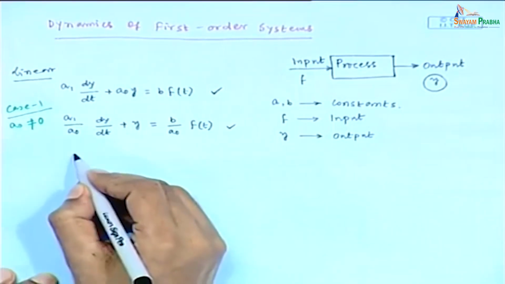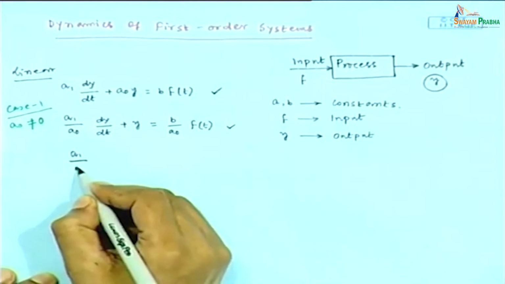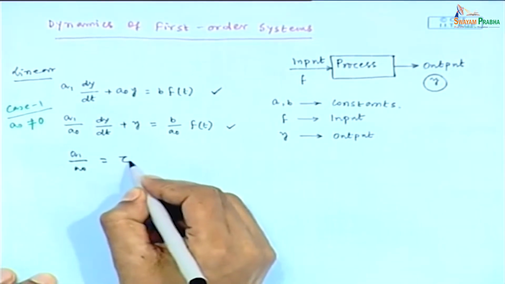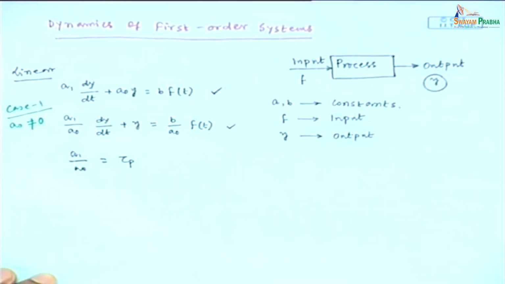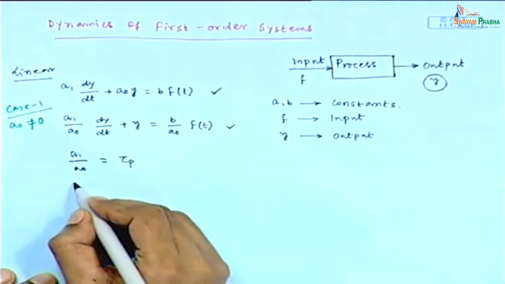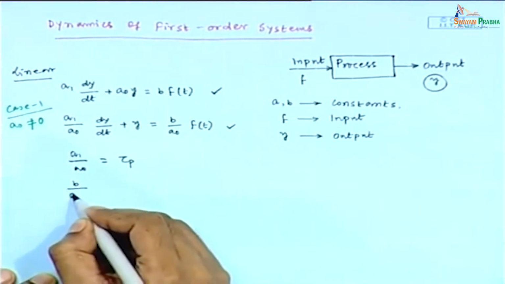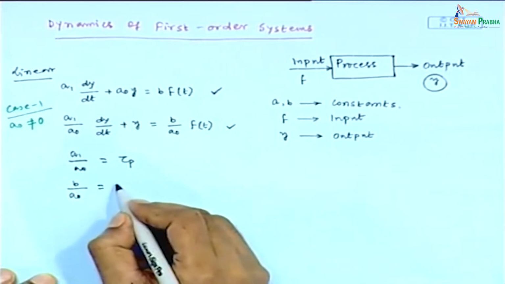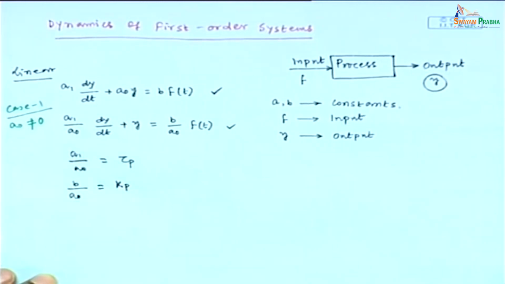Now, after rearranging this first order linear differential equation, we represent a1 by a0 by the term tau p, and another term, b divided by a0, will be represented by K p.